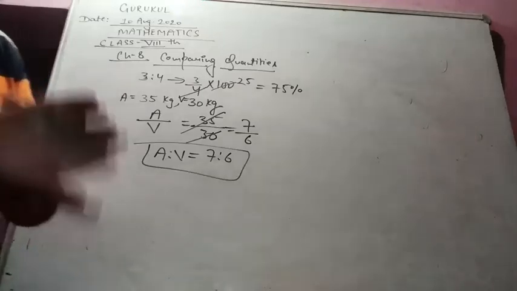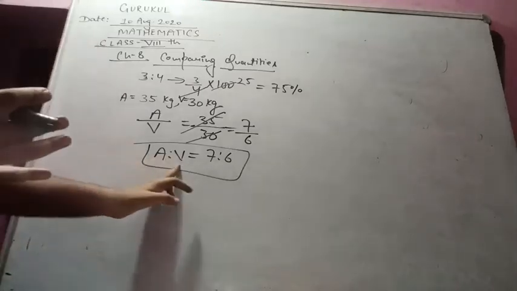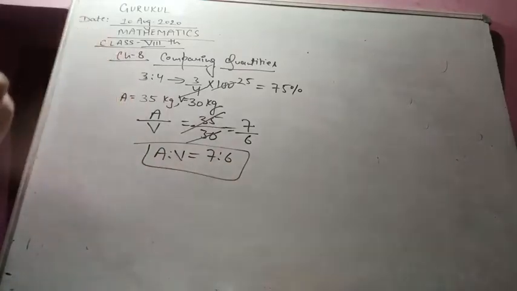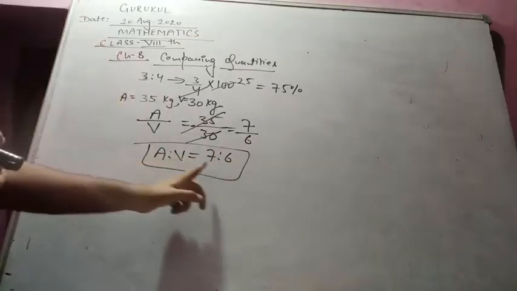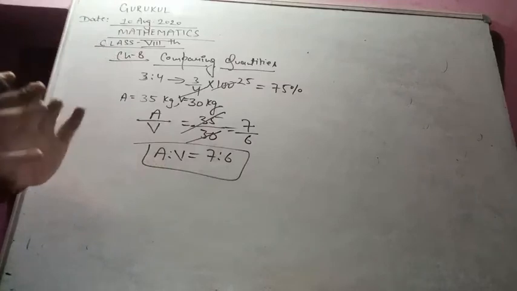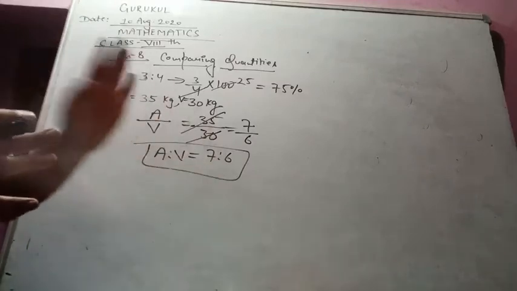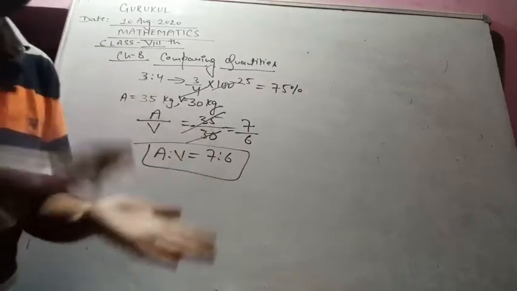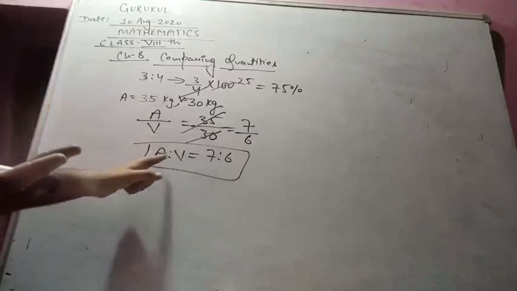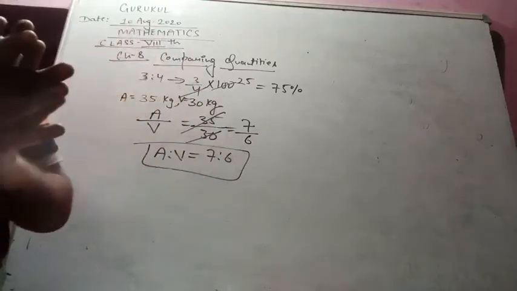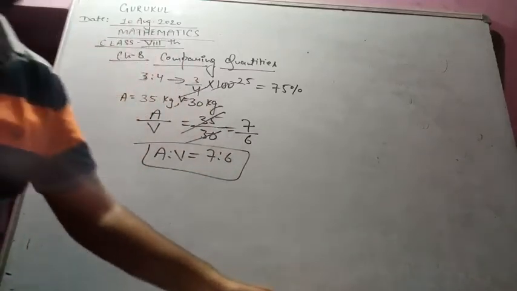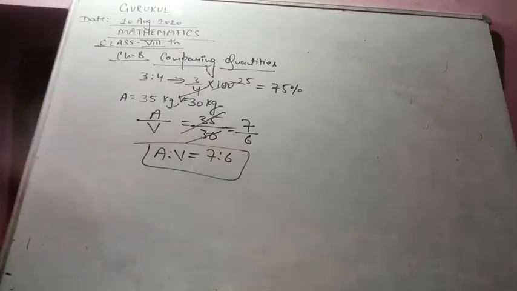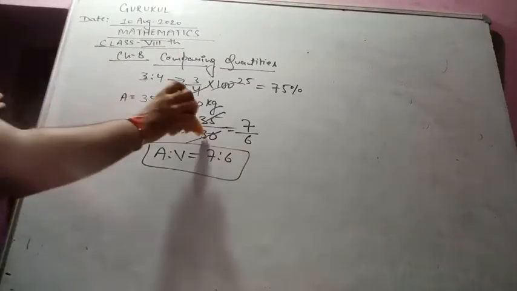By this we do not come to know that the weight of Akshay is 7 kg, or that the weight of Vishal is 6 kg. But there is a comparison between these two, that if Akshay's weight is 7 kg, then Vishal's is 6 kg. This is how we can compare two quantities, by knowing the ratio. So for this we use ratio.